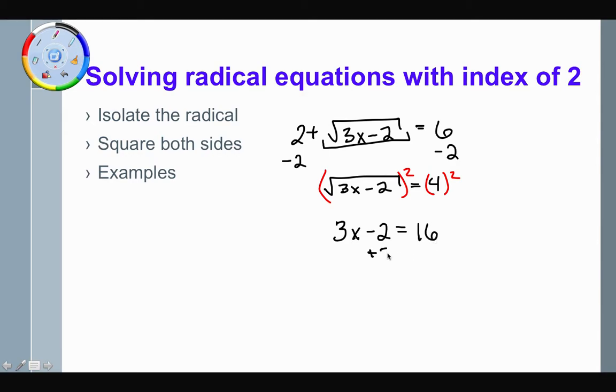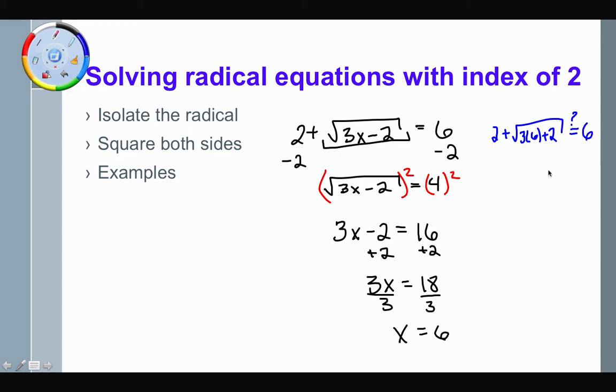And then we get to go back to simple algebra and solve for x. We're going to add 2, so we get 3x is equal to 18. We're going to divide by 3, so we get x is equal to 6. And as always, we want to do a quick double check of our results. So we're going to say 2 plus the square root of 3 times 6 minus 2. Sorry, that's supposed to be a minus 2.